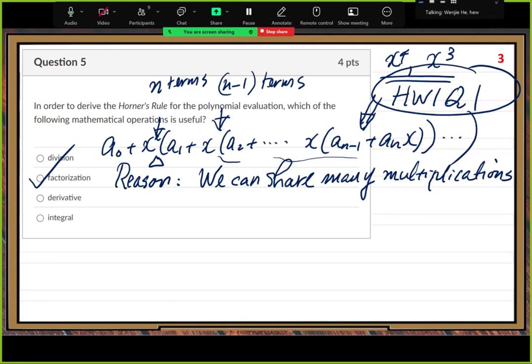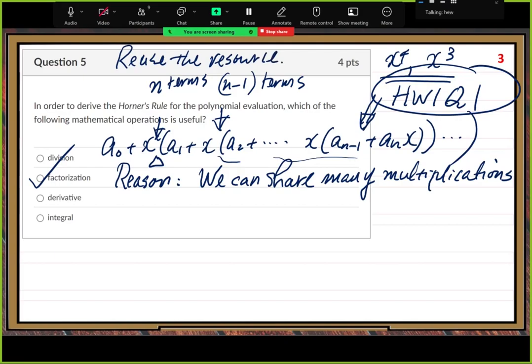But when you calculate, think about reusing the resource. That idea. The resource is the results from the multiplications. So reuse the resource.